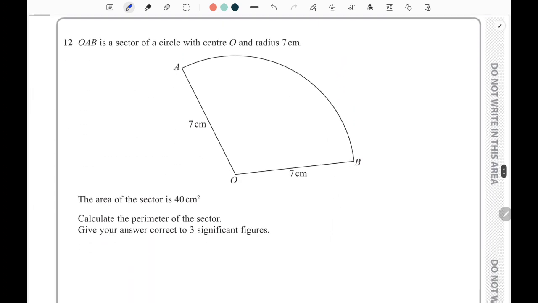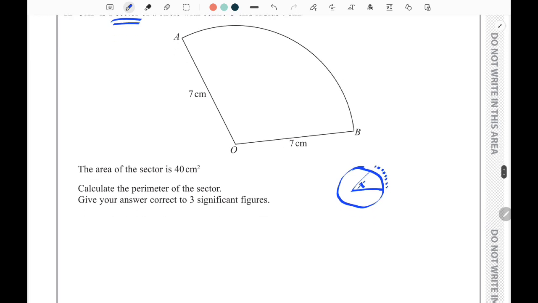Okay, number 12. You've got a sector. Now, the properties of a sector, I'm going to revise that very quickly, just to highlight how to do this question in general. If I take a slice of a pie and I have an angle x in the middle, the length of the arc of the sector is whatever the angle I have in the middle as a fraction of 360, because that is a fraction of the full circle.